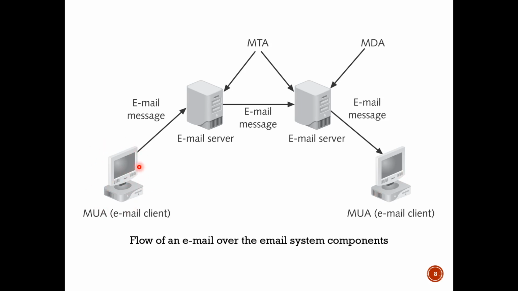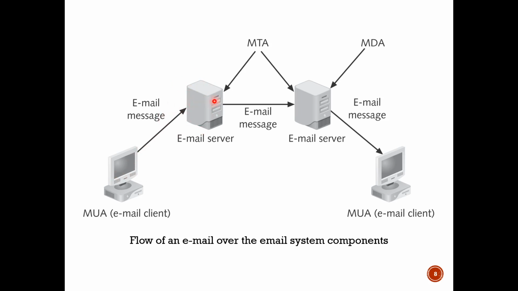It's connected to a particular port for SMTP. SMTP usually connects to port 25, and it sends that email message outbound to the nearest email server configured for the sender.